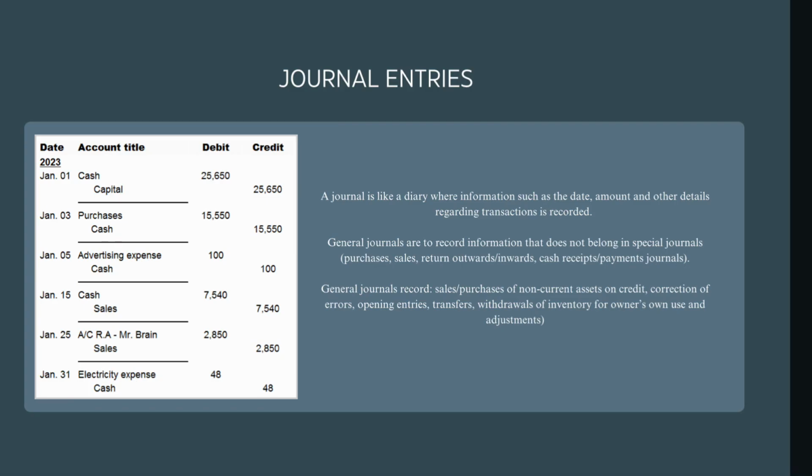DEF Enterprise returned soda cans worth 4,000 to Soda Berhad because of the check theft. And that means that the account payable has a debit side of 4,800 because the amount that DEF Enterprise owed Soda Berhad decreased by 4,800.